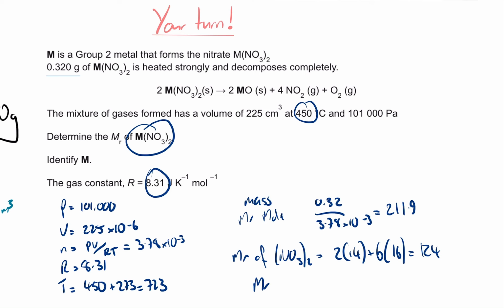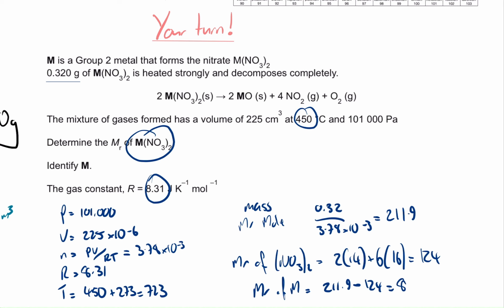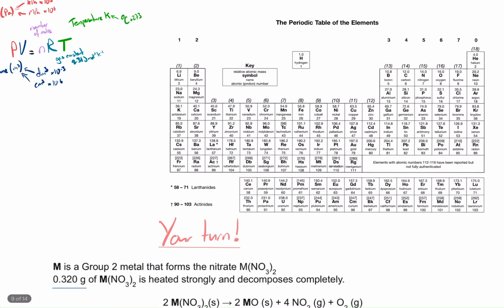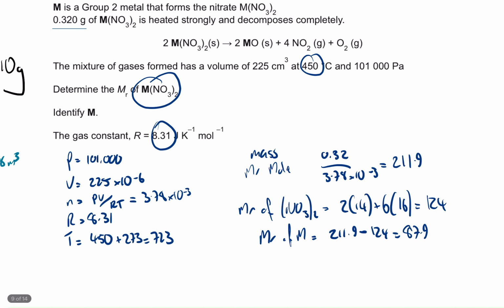So the Mr of M equals our 211.9 minus 124. And then we get to 87.9. We look down, it's not exactly 87.9, but that's close. So this is our number. It's strontium. M is strontium.